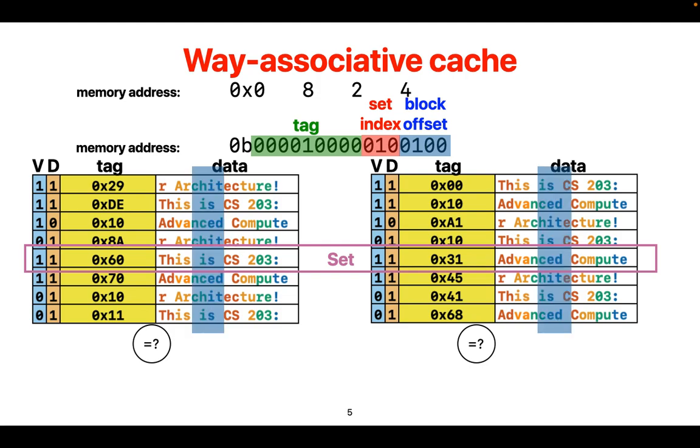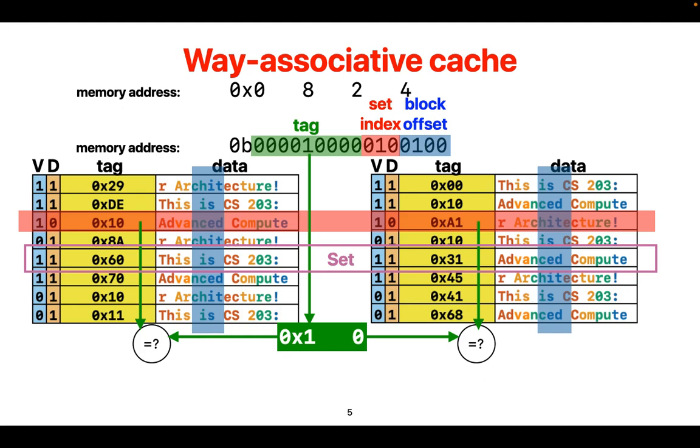So whenever we receive an address, we partition it and use the set index to find the right set of blocks that may contain your data. However, remember, this is just may contain your data. To make sure it's 100% there, we need to compare the tag associated with each cache block to make sure that one of them is identical to the one you are looking for.